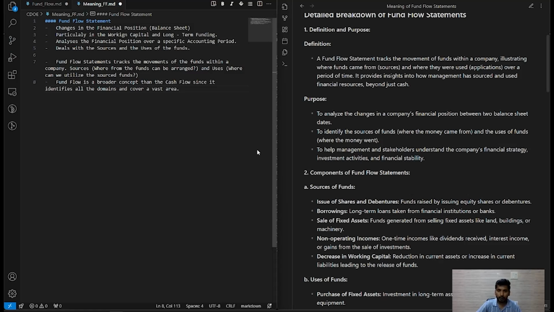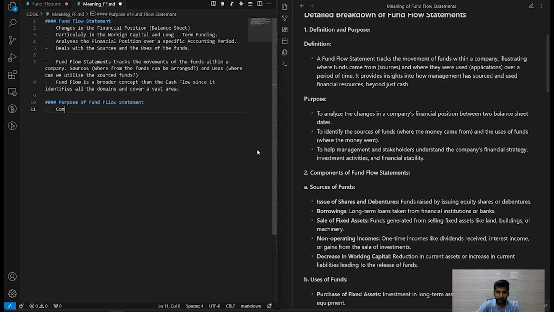Next up, what is the purpose of the fund flow statement? The main purpose of the fund flow statement is to analyze the changes in the company's financial position between the two balance sheets.